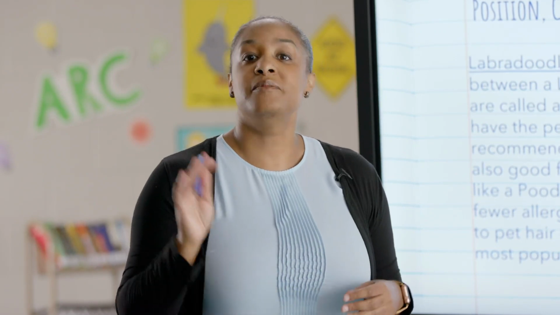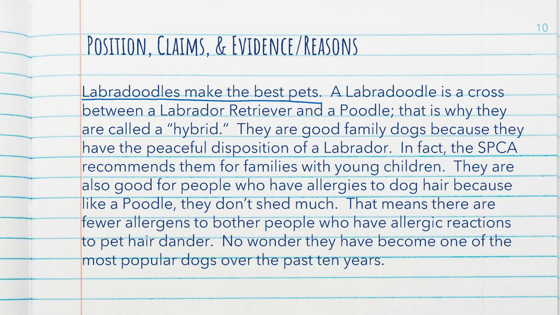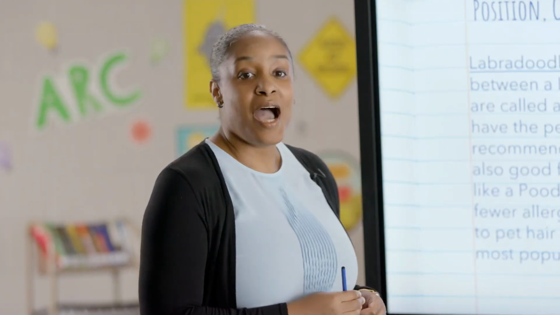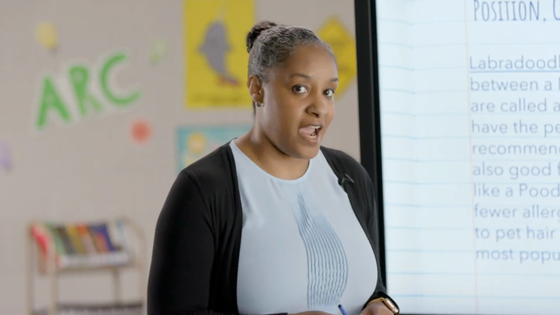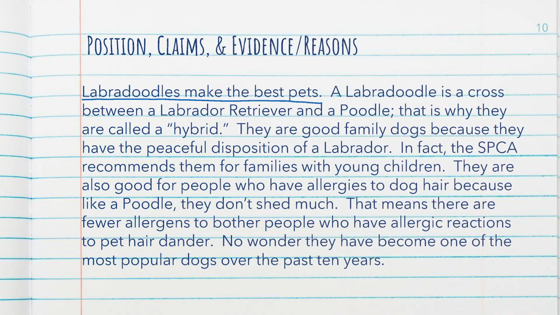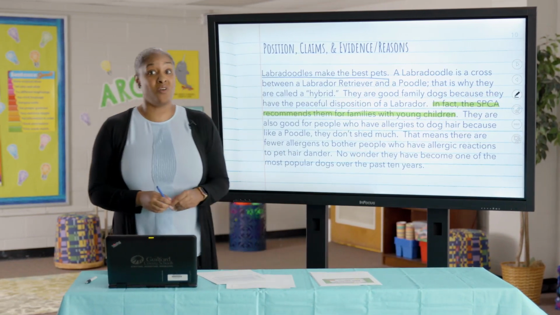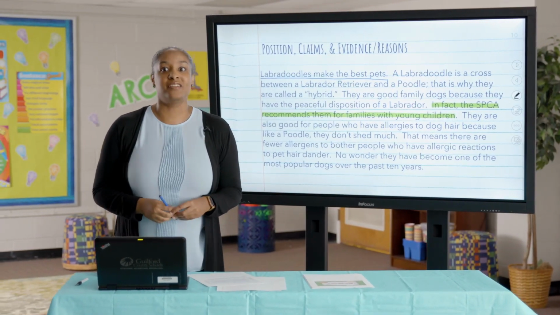Whichever works for you, make it work. I'm going to look for some verifiable evidence first, and I'm going to use the color green. I chose this sentence, "In fact, the SPCA recommends them for families with young children," because it quotes the SPCA, which is an organization that knows a lot about dogs.